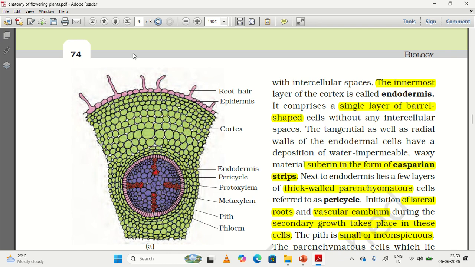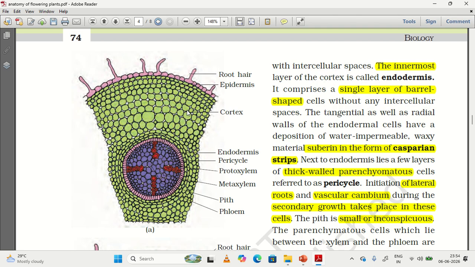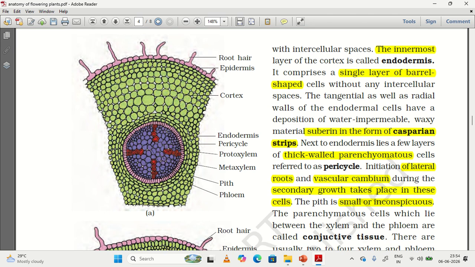Okay, it has the outer layer which is epiblema, from which root hairs will occur. After that you will have the epidermis, which is made up of parenchymatous cells without any intercellular spaces. After that you have the cortex, which is loosely arranged with some intercellular spaces. The innermost layer of cortex we call the endodermis.